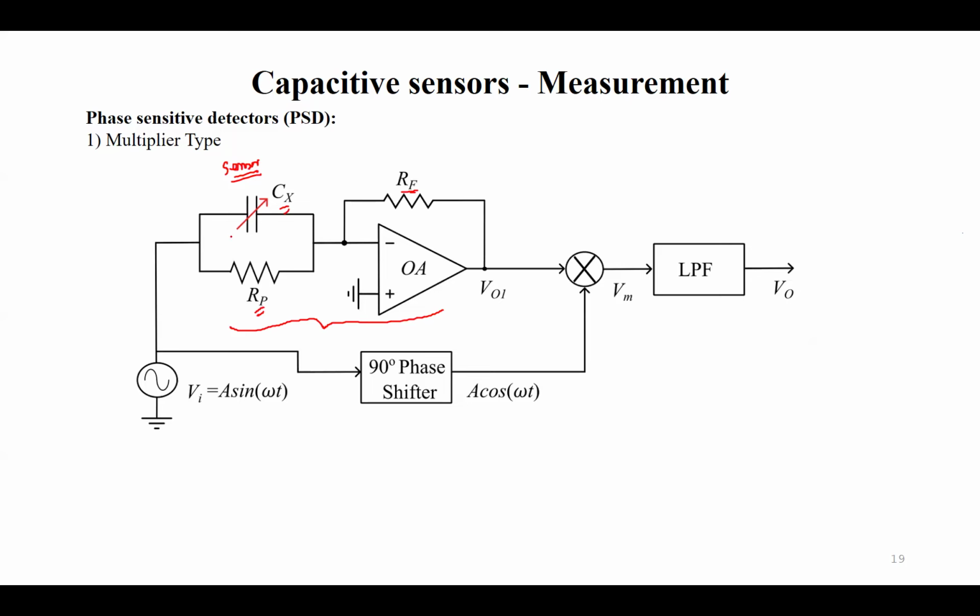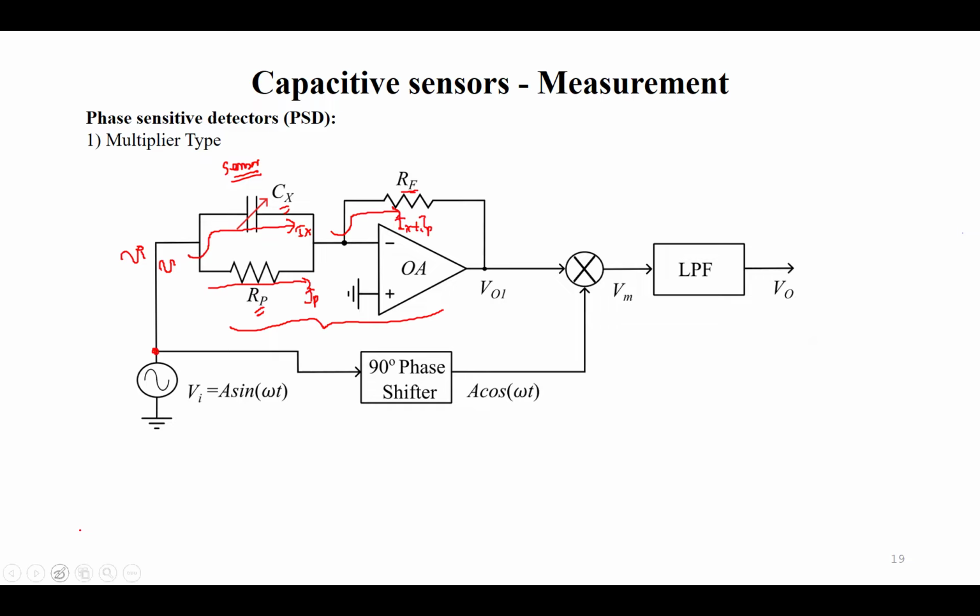When I apply a voltage VI, a sinusoidal input, what happens? There will be a flow of current IX and a flow of current IP. And this added value IX plus IP will flow through the resistance RF, right?